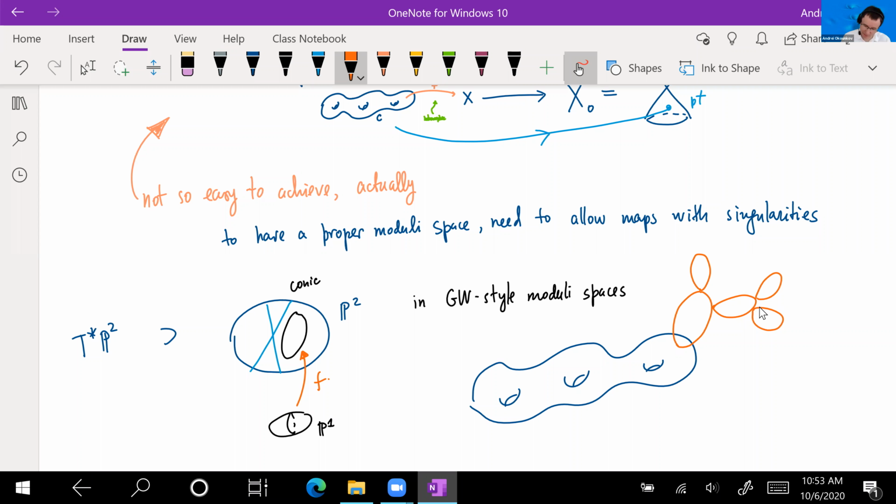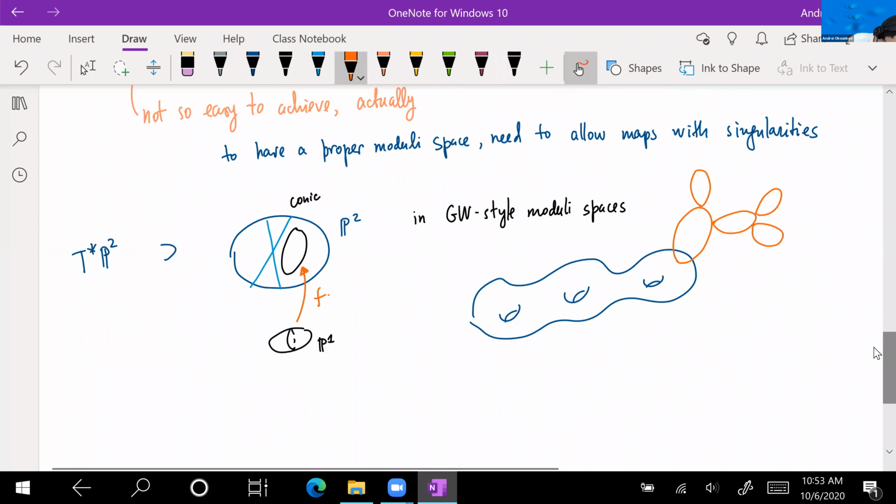And so this would be a curve that, if you forget the map, then you will have to collapse all these bubbles and we go back to the original curve.